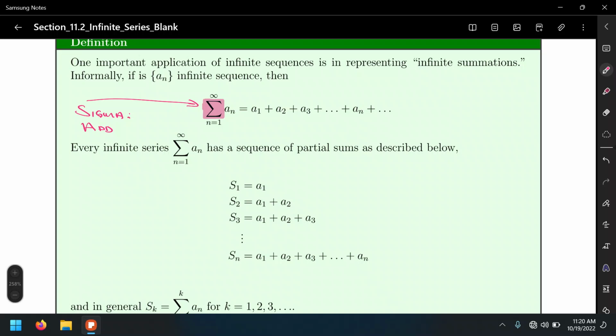S sub 3 means the partial sum including the first three terms of the series. In other words, add A sub 1, A sub 2, A sub 3, etc. S sub 4, add the first four terms, and S sub 5, add the first five terms, and so on and so forth.